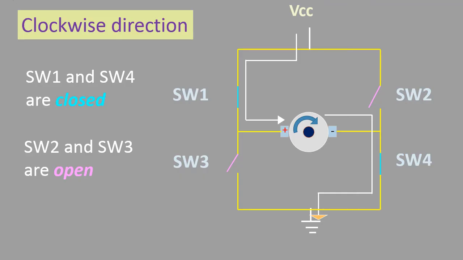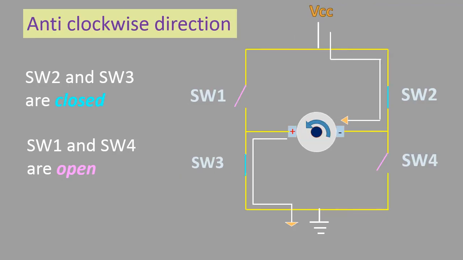Let's consider a situation where switch 1 and switch 4 are closed while switch 2 and switch 3 are open. This will connect positive terminal of motor to plus VCC and negative terminal of motor to ground. As a result, the motor will start moving in clockwise direction. This shows another case.